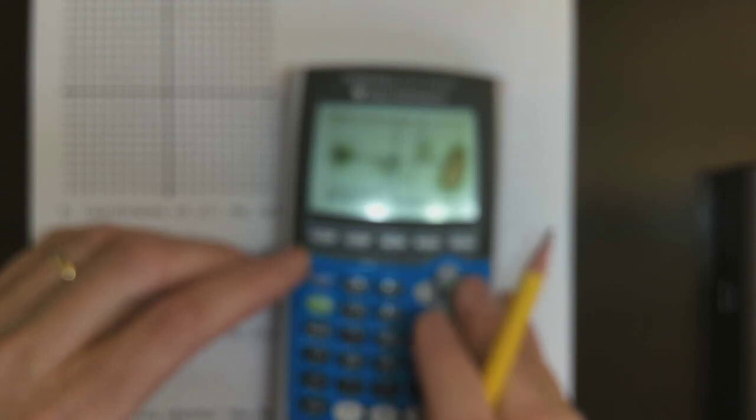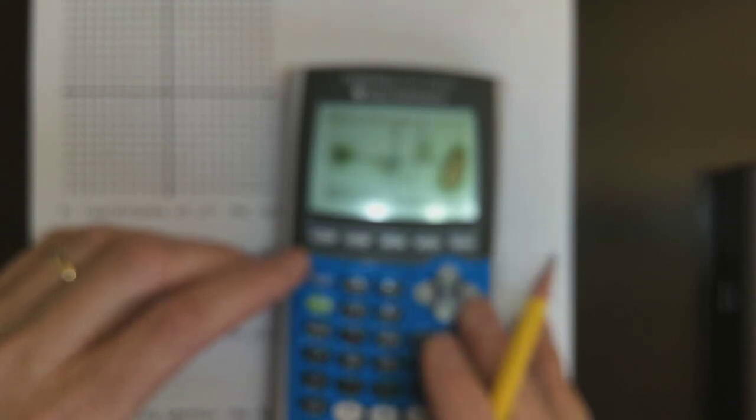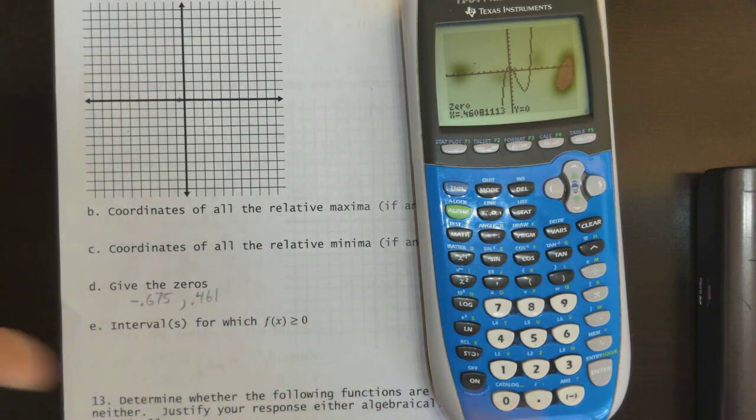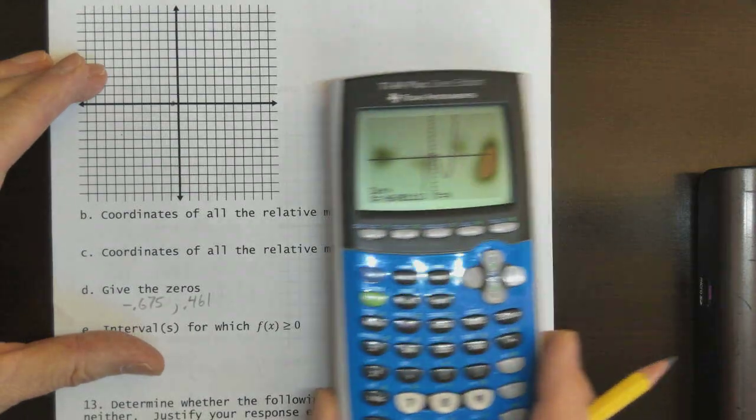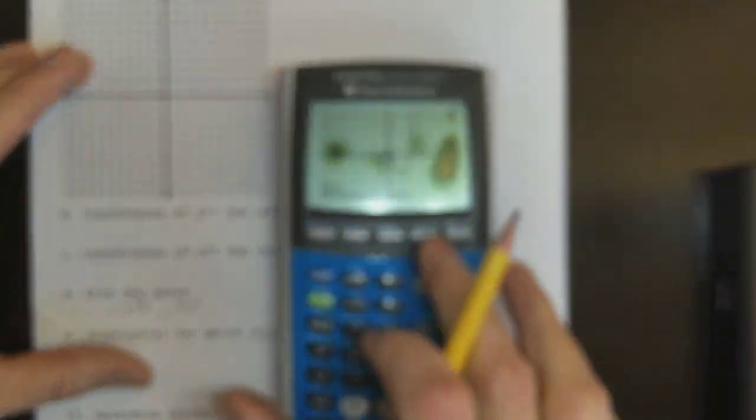Second calc, 0, enter, enter, guess, 0.461. I'm going 3 decimal places on my rounding. Second calc, 0.